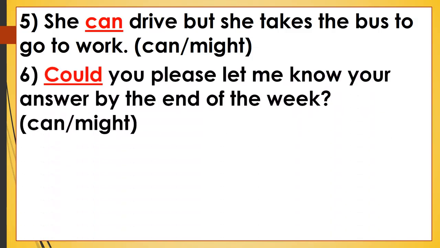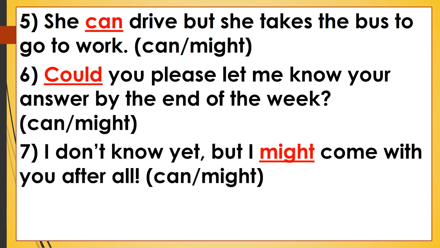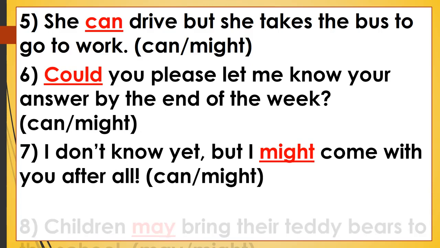Number 6. Dash you please let me know your answer by the end of the week. Here, could is used to show polite request. Number 7. I don't know yet, but I dash come with you after all. Here, might is used to show smaller degree of possibility.